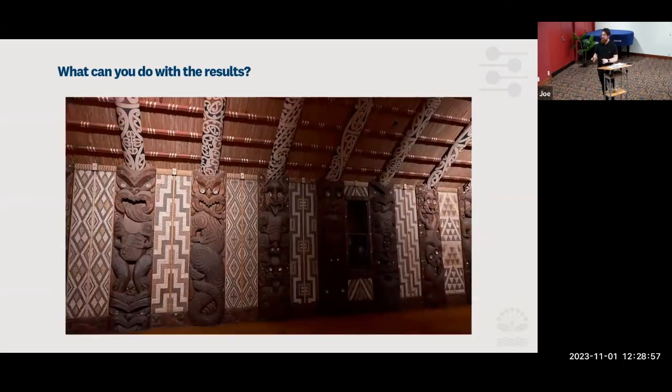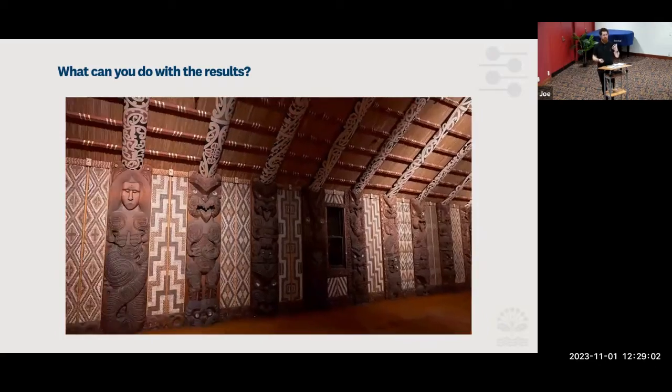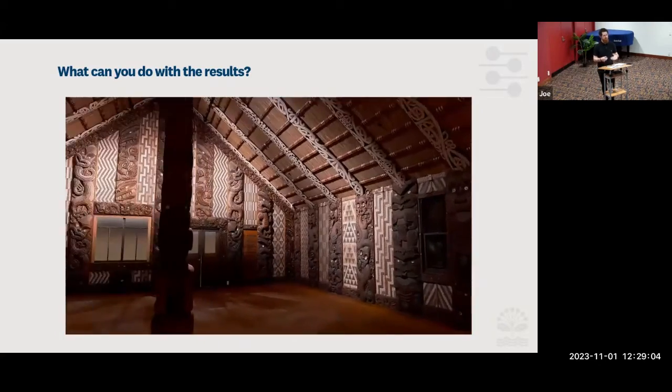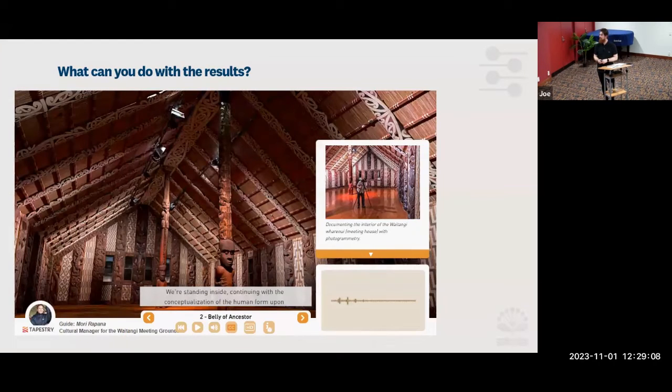Beyond just making a version of this virtually using photogrammetry, they went a step further. Part of their mission is to promote heritage, not just show it, but promote it, get people involved. And so they created a virtual exhibition of the meeting house. This is narrated by the cultural manager for the Waitangi meeting ground. And you can walk around this space virtually and have things explained to you as a normal tour would.